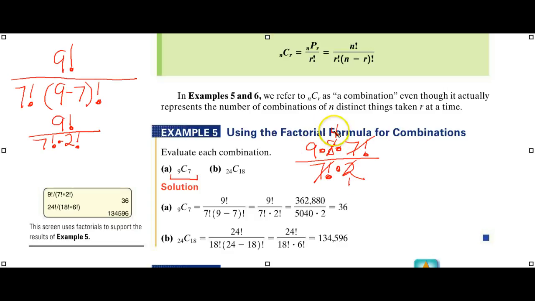We go 9 times 4 is 36. So again, they're showing you if you just had these big numbers, but hopefully what I'm showing you is that there are shortcuts to deal with them. And I think in some calculators you can put this into your calculator and get this answer.